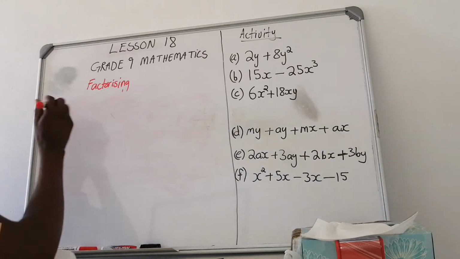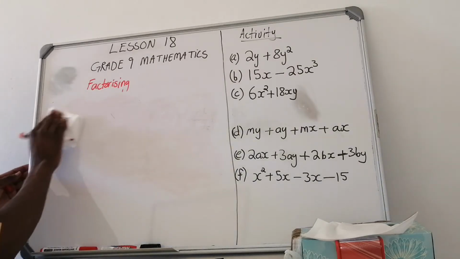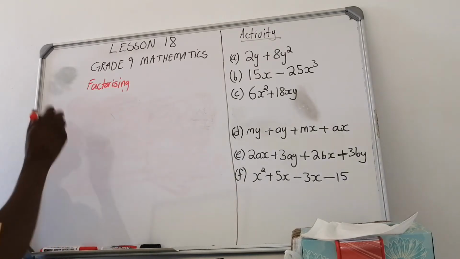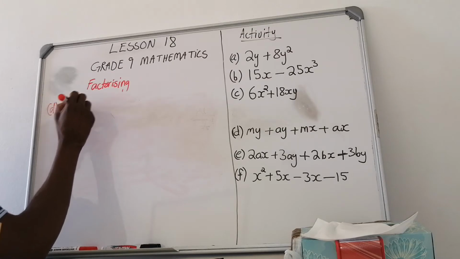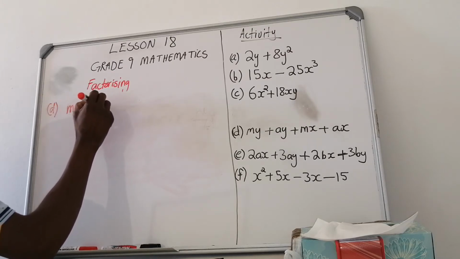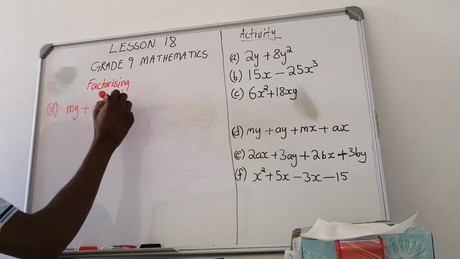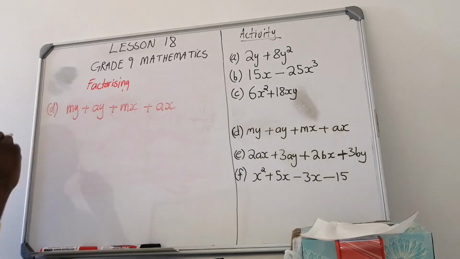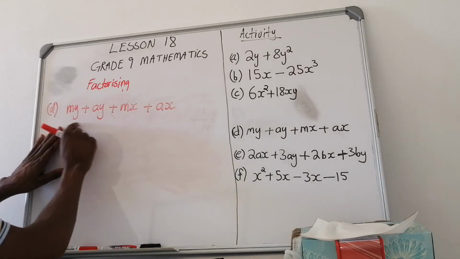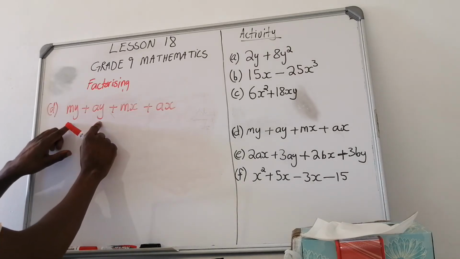Let's start with D. In D, we're factorizing m times y plus a times y plus m times x plus a times x. You are factorizing by grouping. The first two terms have a common factor, which is y.